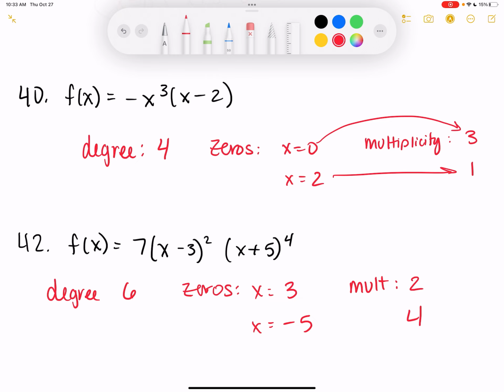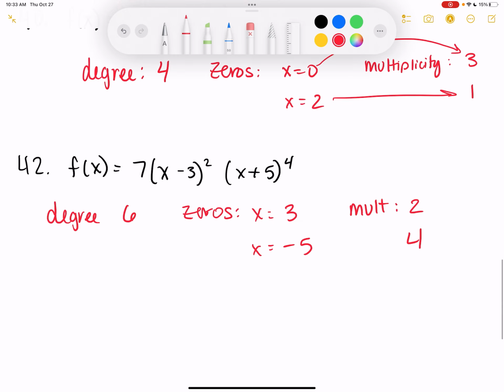It says algebraically or graphically, and all I care about is if you can do it by hand. I know you can find it on a graph. The last thing says, find a cubic function with the given zeros, support by graphing your answer. We don't need to do that part.